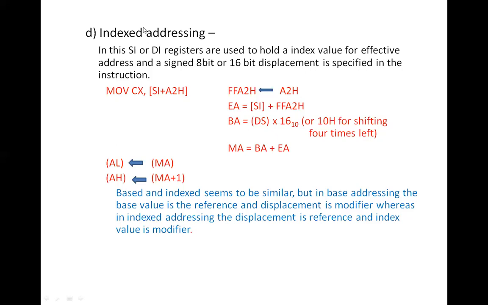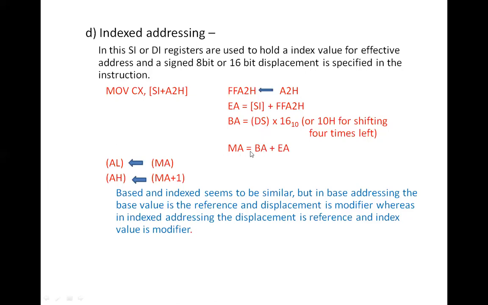The example of indexed addressing is MOV CX, [SI + A2], where A2 represents FFA2, not 00A2, but FFA2. And this FFA2 is added with the source index content to get the effective address. Once we get the effective address, we shift the base address, which is given by the data segment, 4 bits left, and then it is added.